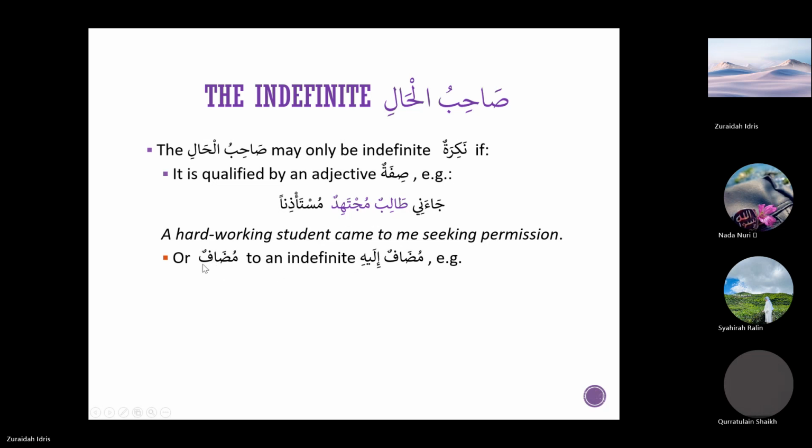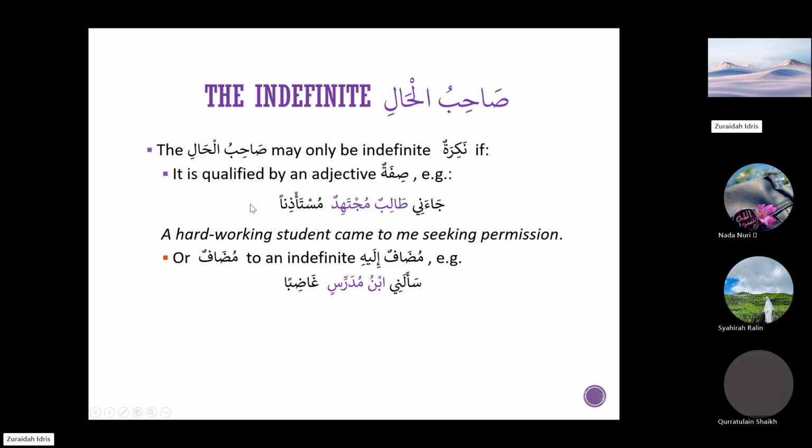Now, or when it is a mudaf to an indefinite mudaf ilayh. So for example, Ibnu Mudarrisin, the son of a teacher. But in that sense, we are already defining, because we're saying the son of a teacher. So although it looks nakira, it is in actual fact ma'rifah.